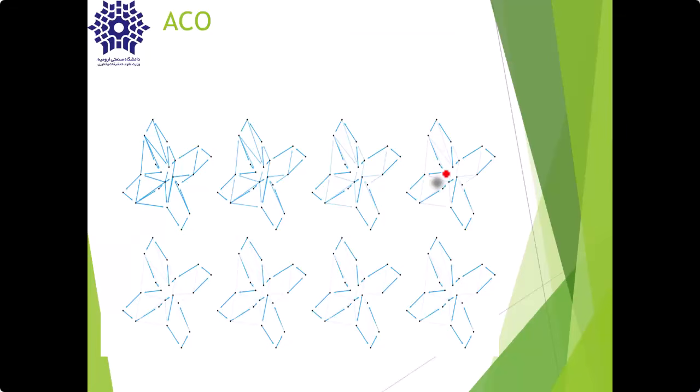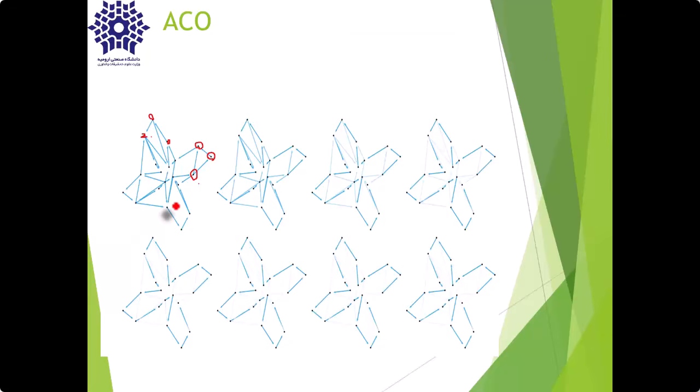Like the TSP problem. TSP is the traveling salesman problem. You see, there are many cities, spread on a map, like our country, your country, and every country in the world.